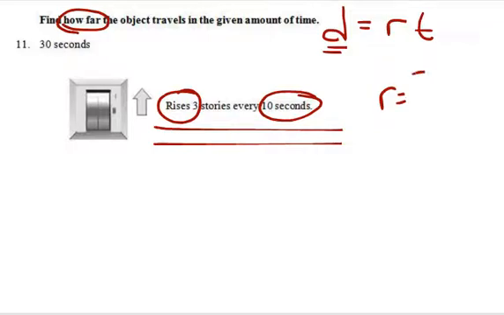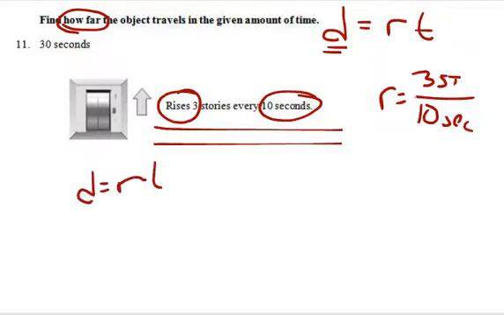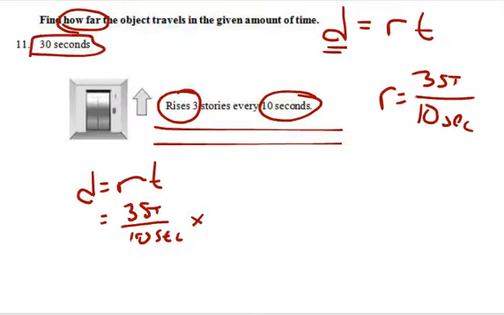So in this case, the rate of the elevator is 3 stories every 10 seconds. So we use our distance formula. Distance equals rate times time, which means a rate of 3 stories every 10 seconds times our time of 30 seconds. The question is, how far will it go in 30 seconds?